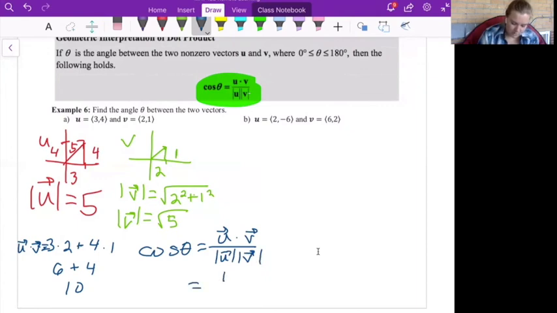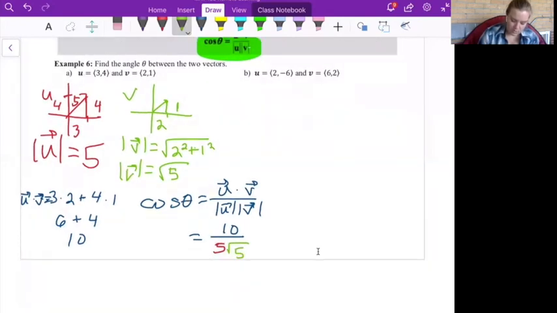So then we get that this is 10 divided by 5 times the square root of 5, which can be simplified to just 2 over root 5. And so remember, we're actually looking for theta.